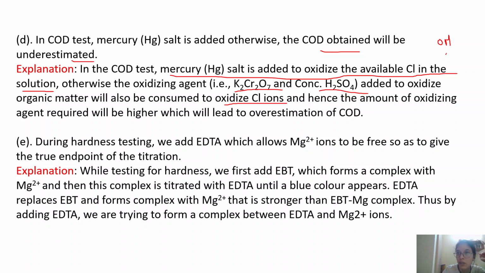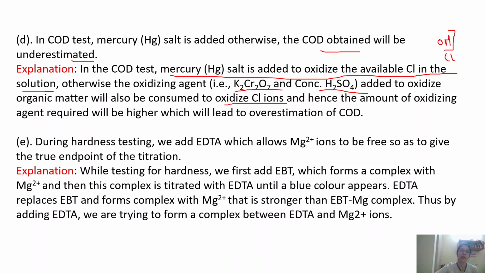We have chlorine also, and we can have other ions also. So what is the COD? COD means the amount of oxygen required to oxidize the organic matter. This is the real COD.